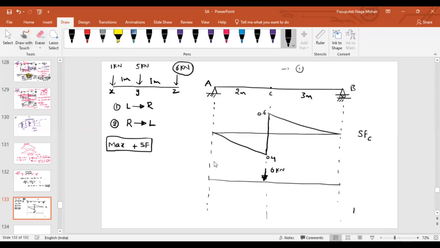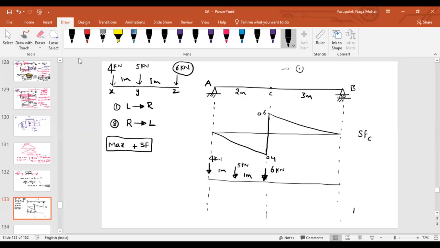Where is the 5 kilonewton situated? Whatever the distance between them, 1 meter. And the other one, instead of 1, let us say it is a, just for the sake of writing. Let us say 4. Isn't that the right position of the loads?